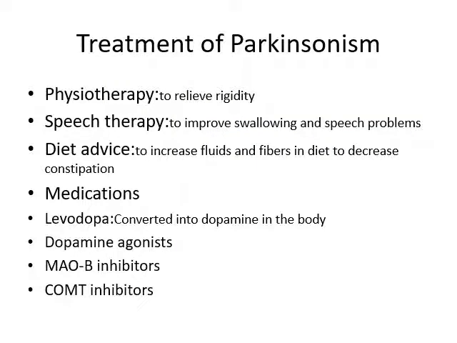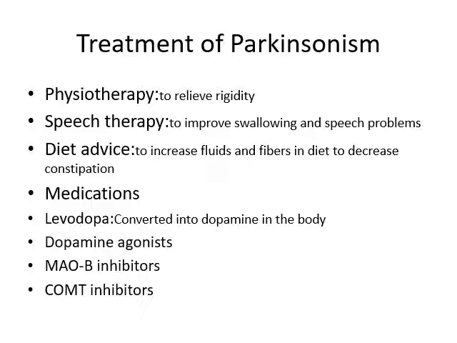How do you treat Parkinsonism? First, there is physiotherapy to relieve rigidity. There is speech therapy to improve swallowing and speech problems. Diet advice. Parkinsonian patients also have constipation, so we have to advise them to get increased amount of fluids and fibers in diet.